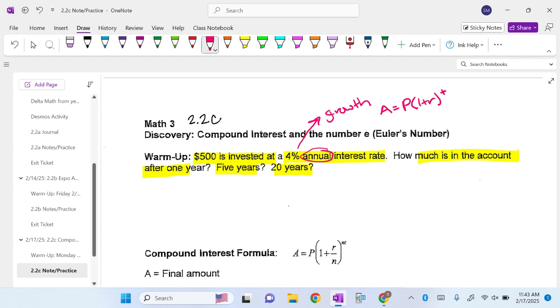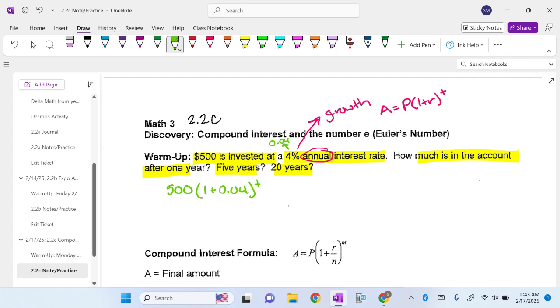So if we're looking at this problem, what's my initial? 500. So we'd start this out as 500 times 1 plus, what's my rate of increase? 4%. What's that as a decimal? 0.04, all raised to the t power.